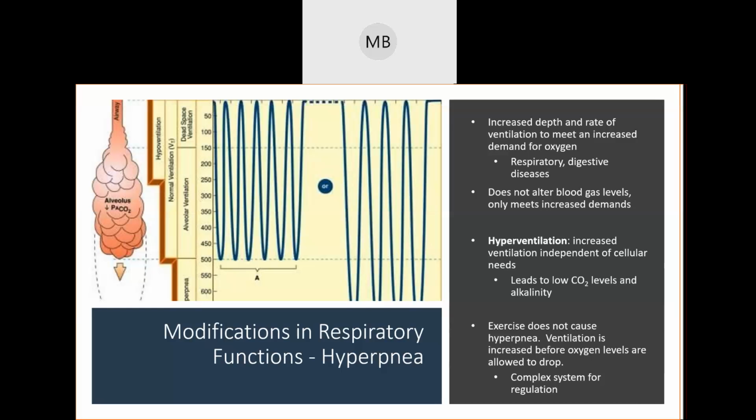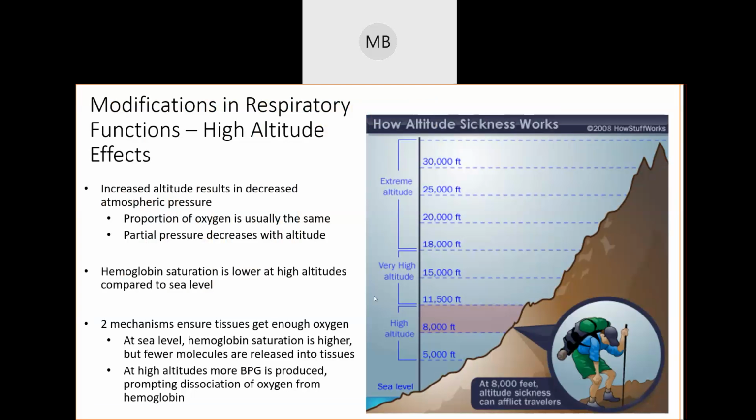That's the difference between the two, right? So hyperventilation is when you're breathing more but your body doesn't need the increased oxygen. And then the exercised hypernia is just you needed more oxygen so you're breathing more heavily than normal.